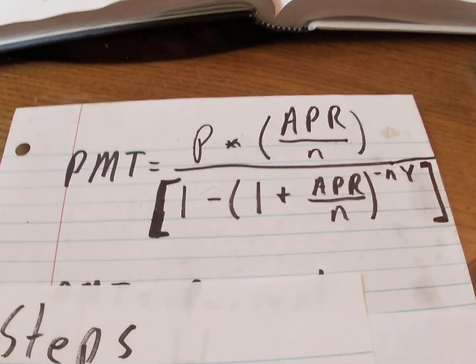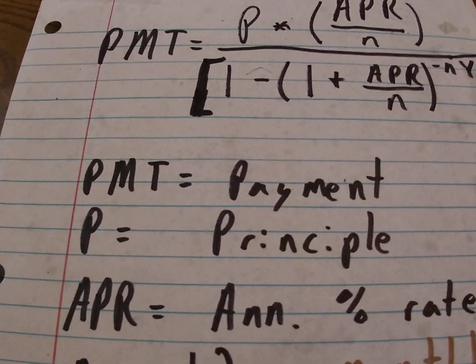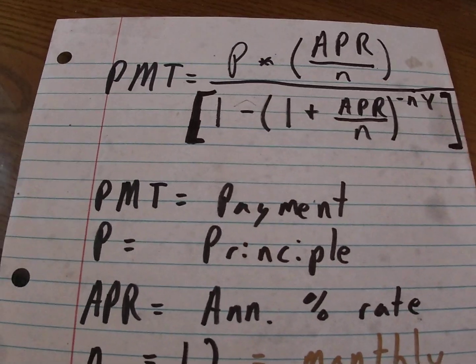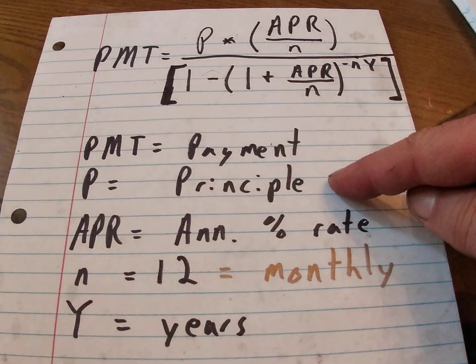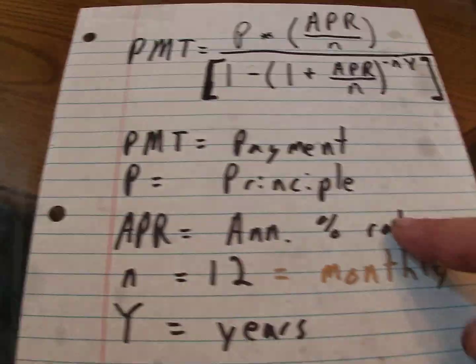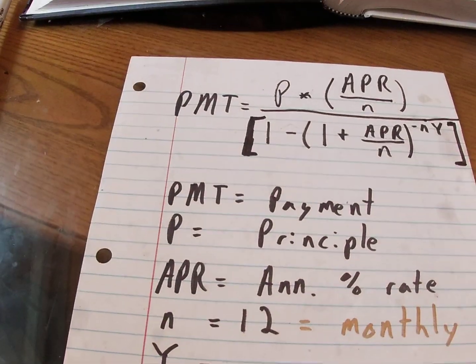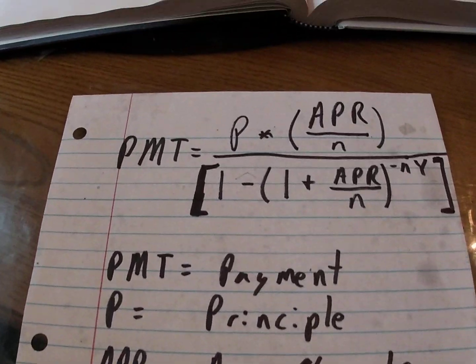It's that big old thing there. It's always a good idea to write down what each thing means: PMT for payment, P for your principal amount, annual percent rate, number of compounds per year, and then the number of years you're taking out the loan.